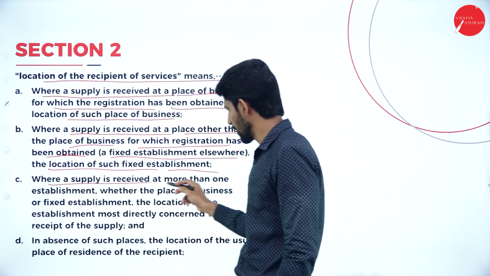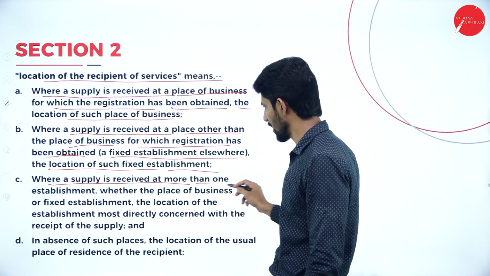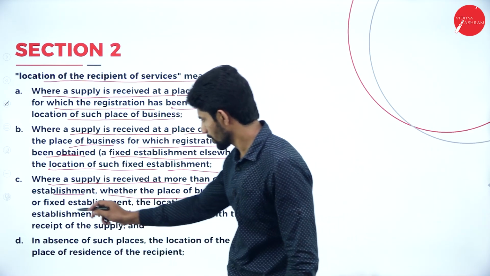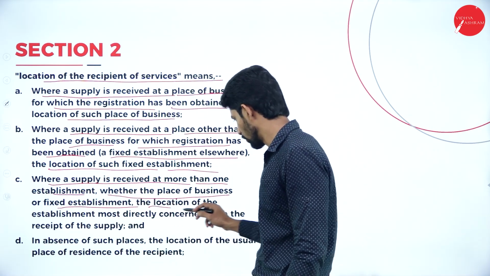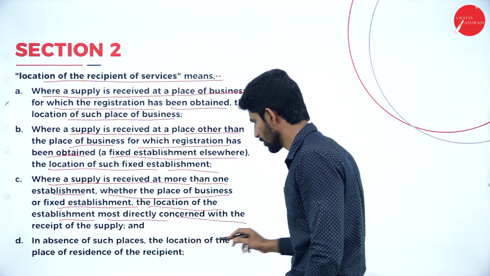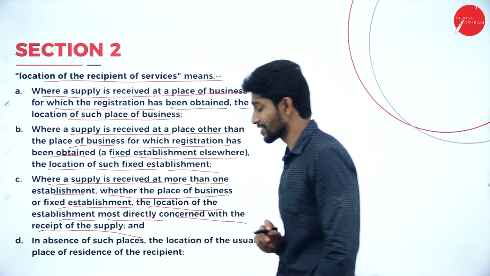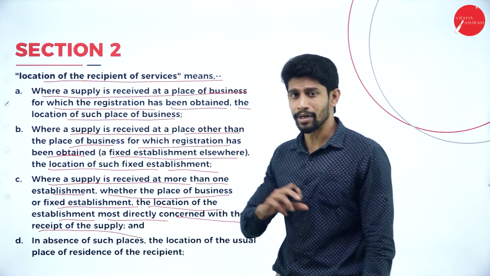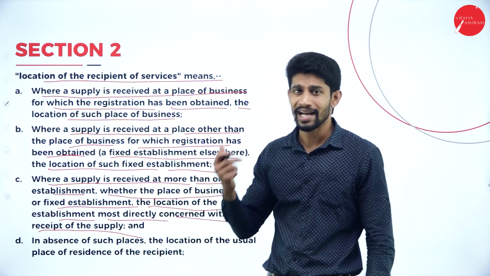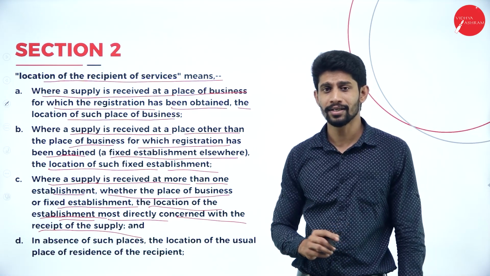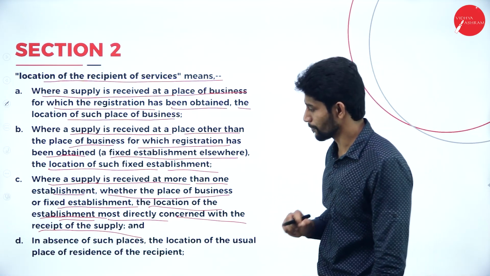Next, where a supply is received at more than one establishment, whether the place of business or fixed establishment, the location of the establishment most directly concerned with the receipt of the supply. If the services are received in multiple places, at that time we will consider the establishment most directly concerned as the location of the recipient.